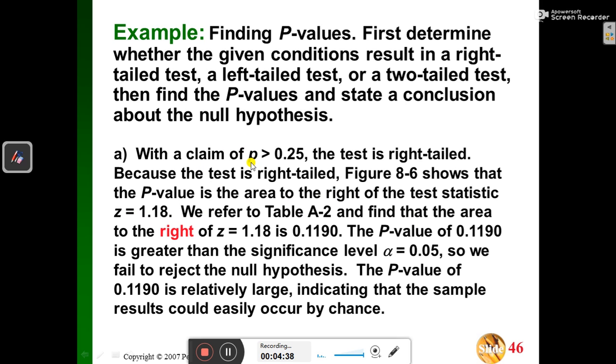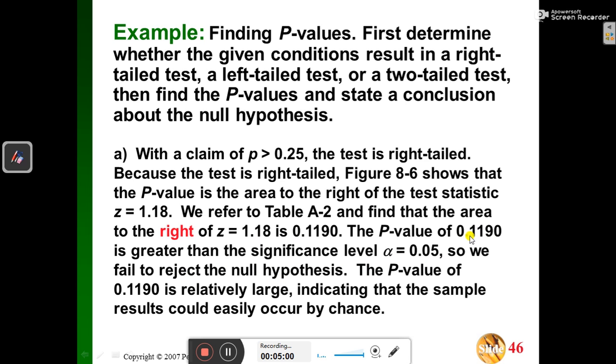We refer to Table A-2 and find the area to the right of z equal to 1.18 is 0.1190. The p-value of 0.1190 is greater than the significance level of alpha 0.05, so we fail to reject the null hypothesis.